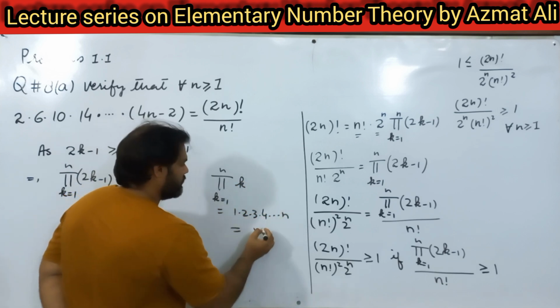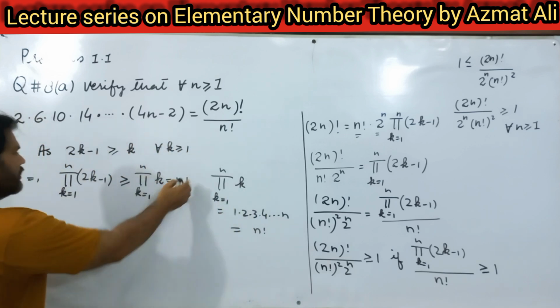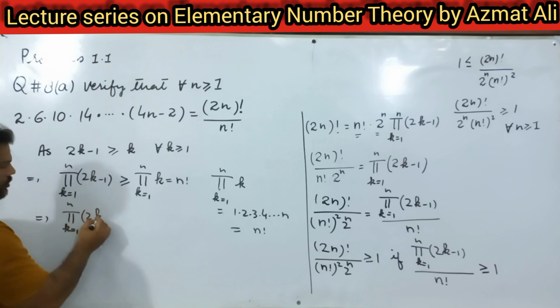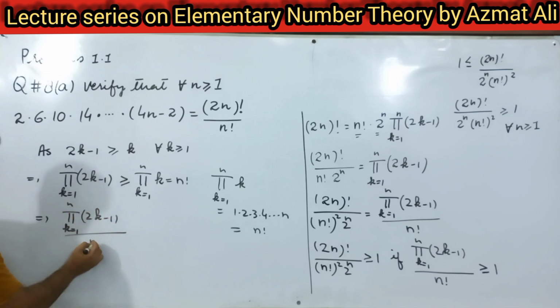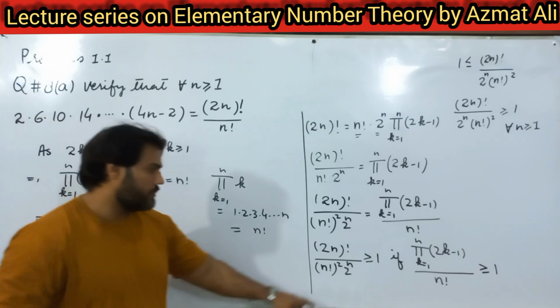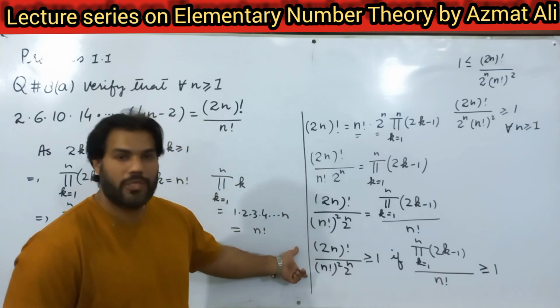What is this? This is n factorial simply. Dividing n factorial on both sides, the product k is equal to 1 to n of 2k minus 1 over n factorial is greater than or equal to 1. That we have to prove. And this shows our inequality.